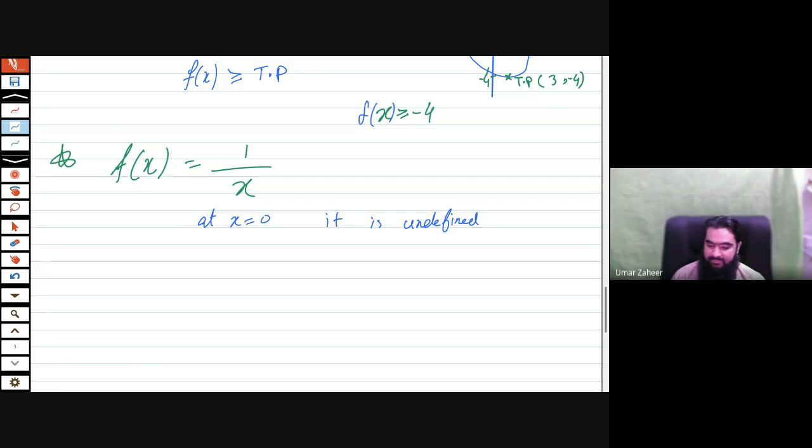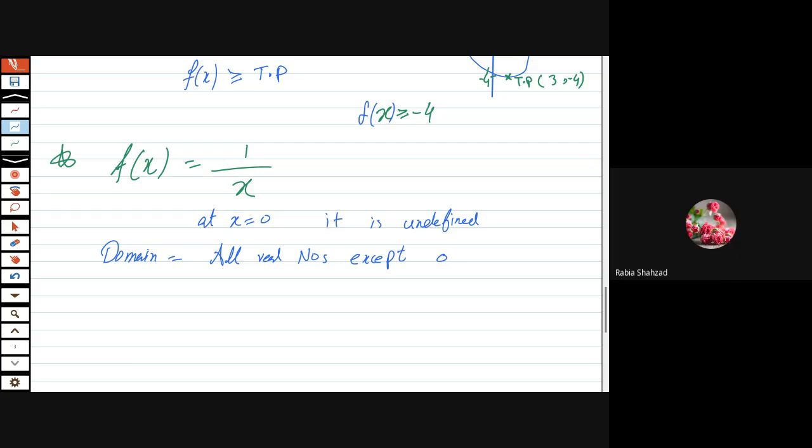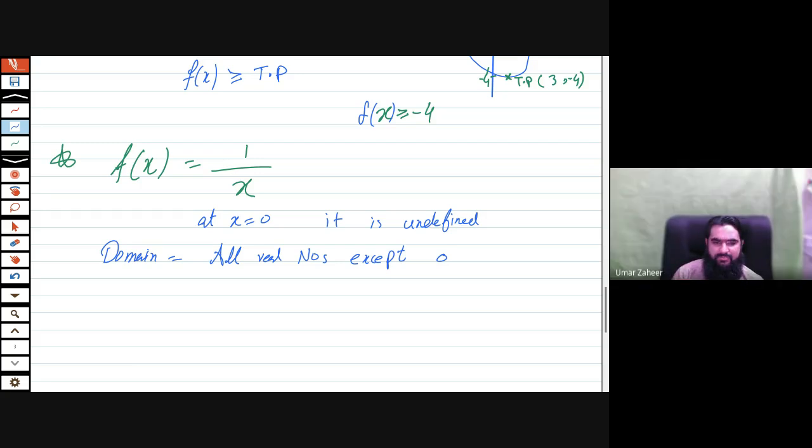This means that the domain of this function is all real numbers except 0. You cannot substitute 0, but otherwise you can substitute all the real numbers that you want.